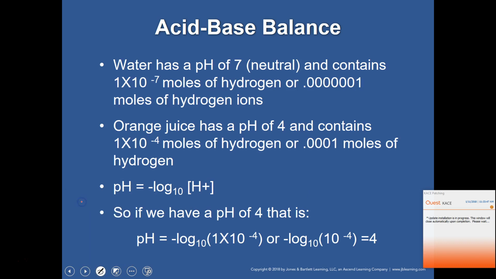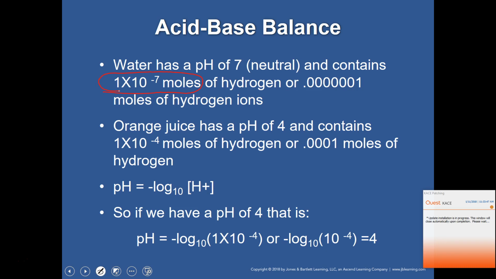The number of hydrogen molecules is measured in this number right here, 1 times 10 to the negative 7 moles of hydrogen. If we wrote it out as a standard number, it would be 0.0000001. That's how much hydrogen is in that particular solution.